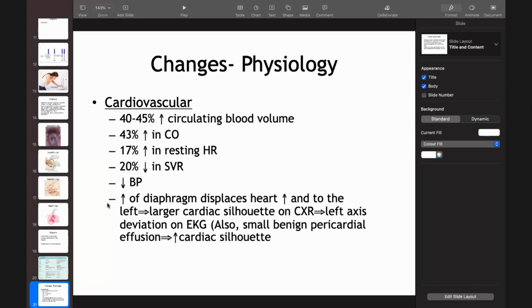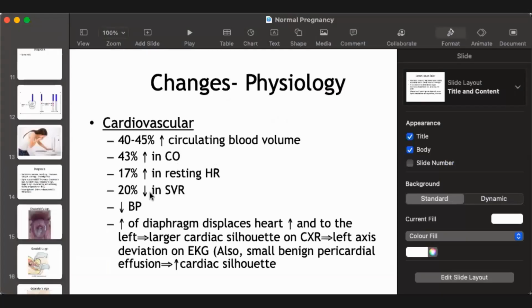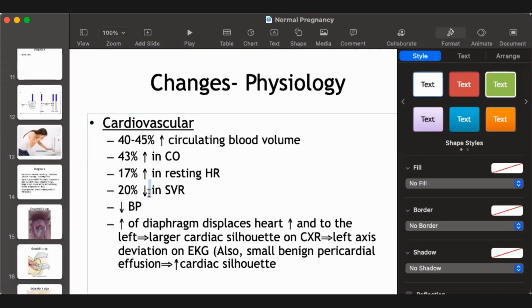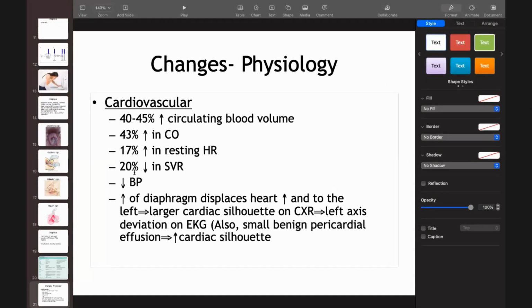Are you all sleeping? Stroke volume will increase, total systemic vascular resistance will drop, and blood pressure will also drop.